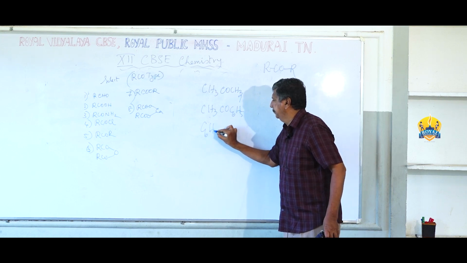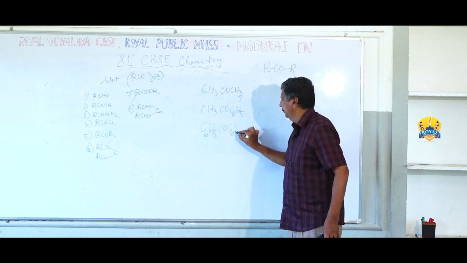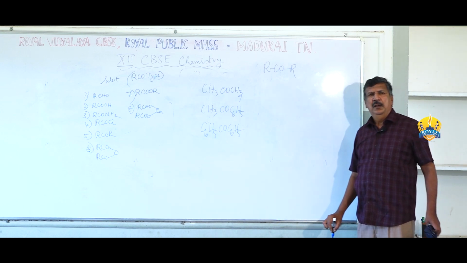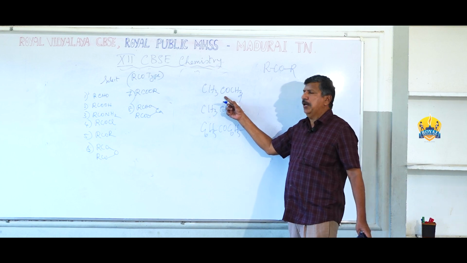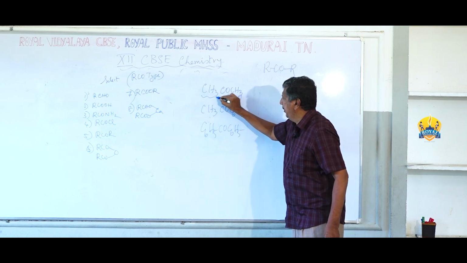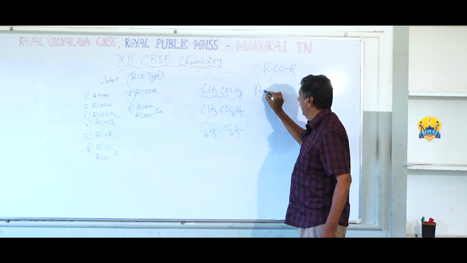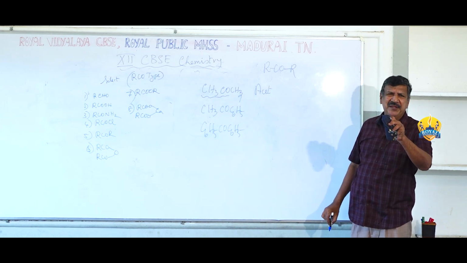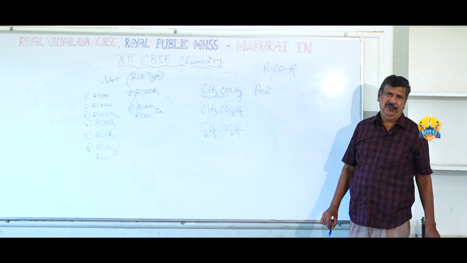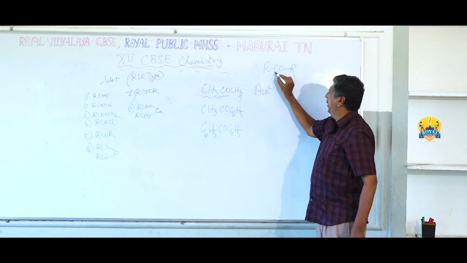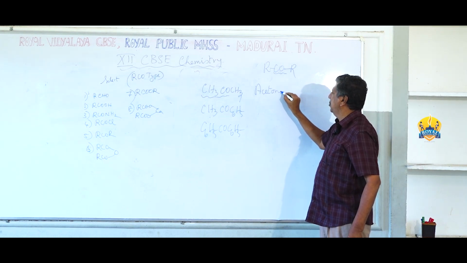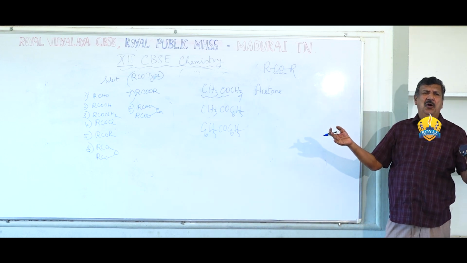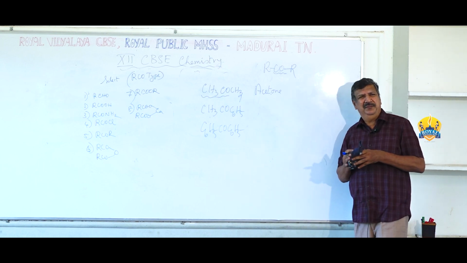And this is one formula. How do they name this compound? Because of CH3CO, they call it acet. Because of the presence of CH3CO, and because of a keto group, they call it one. So totally the name of the compound is acetone.